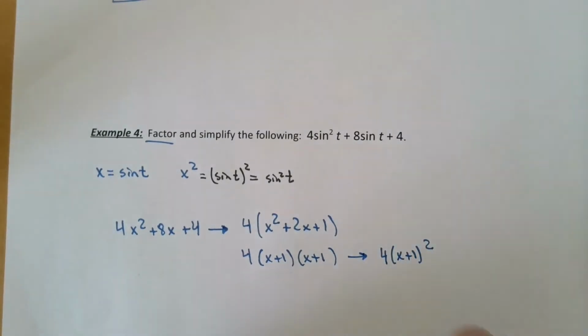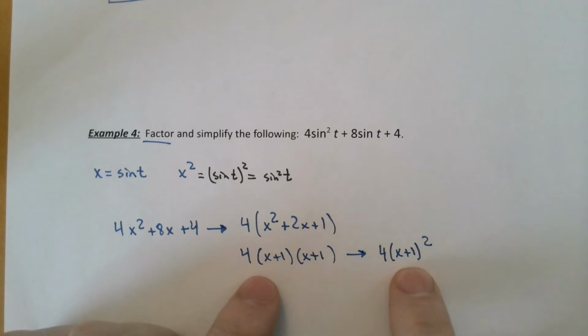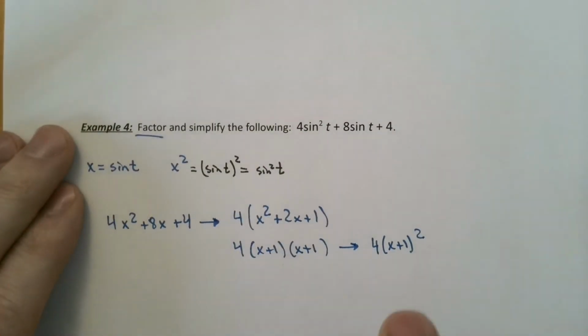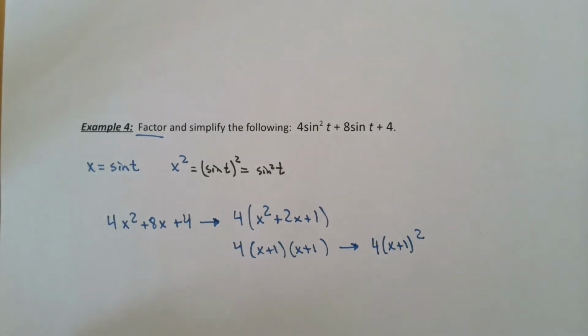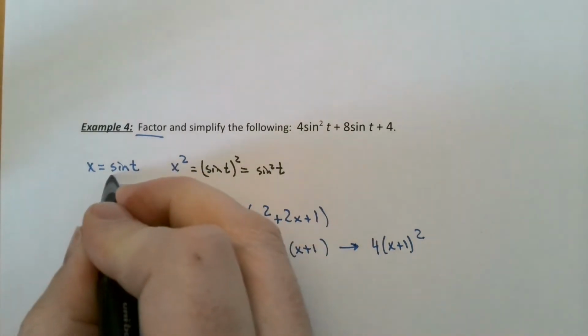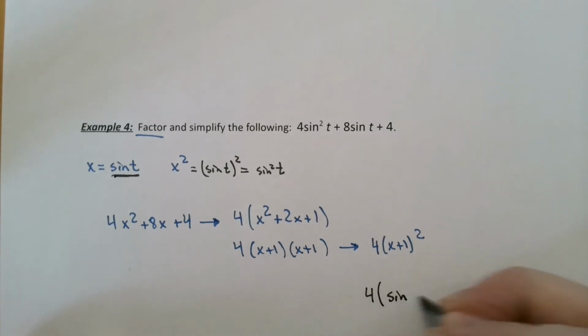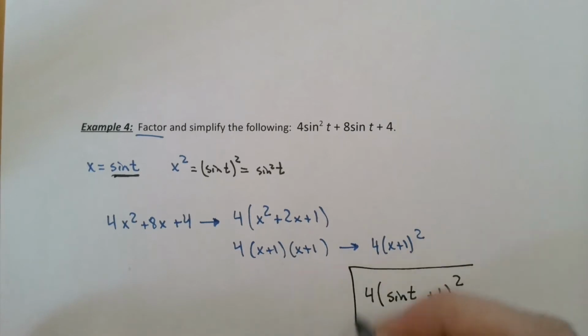I think in the calculus world, this would be a preferred expression, particularly if we're taking the antiderivative. Now, this is not the answer we want. The answer we want is this with what we said x was, sine of t. So here is our final answer in factored, simplified form.